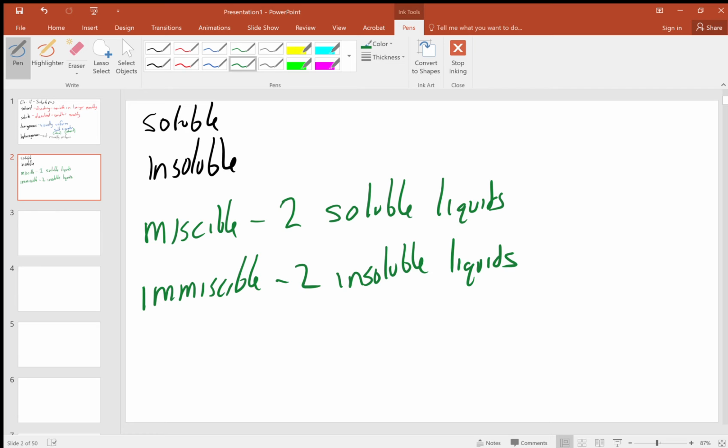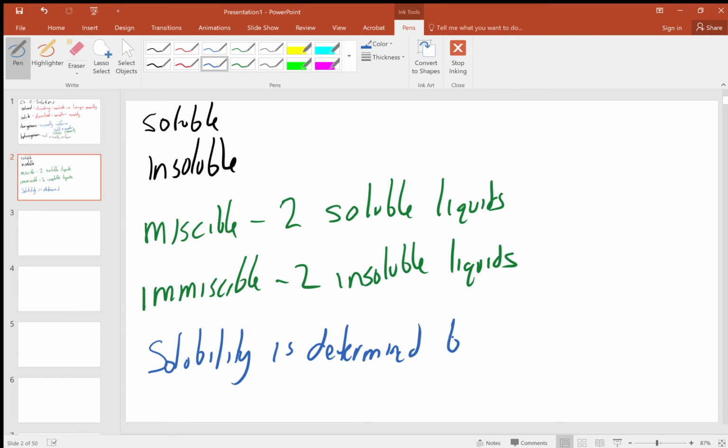Except for the case of gases, which we really won't cover here, since gases have very different properties when it comes to solubility, what determines whether things are soluble? Solubility is determined solely on the basis of intermolecular forces and specifically how polar molecules are.